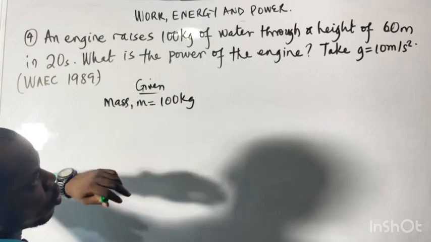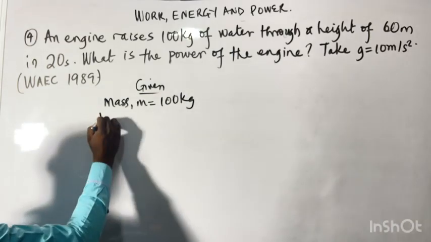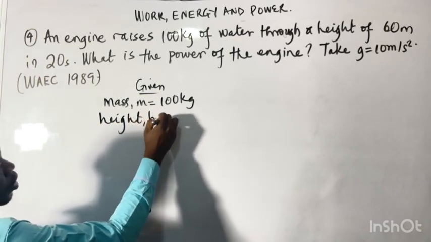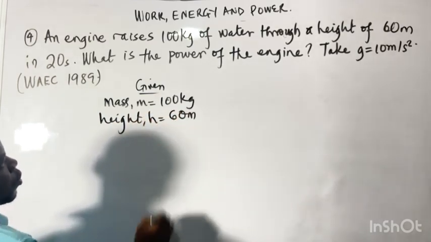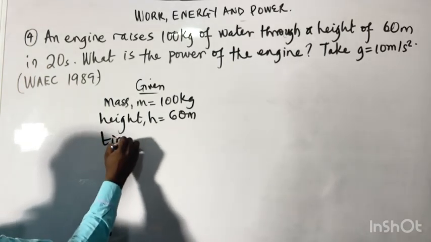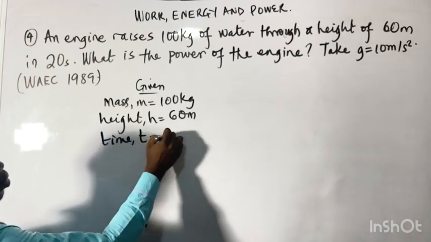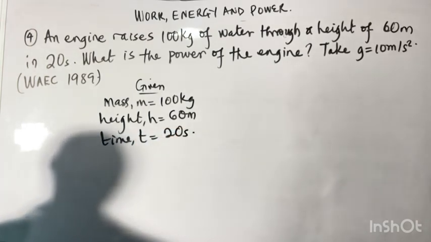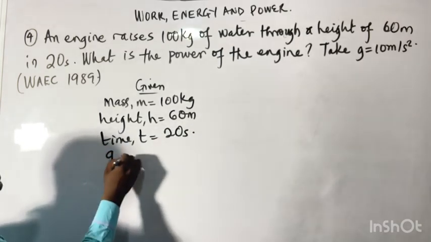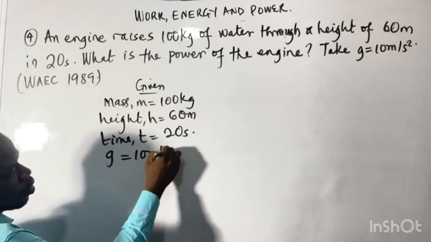We have the height, h is 60 meters, in 20 seconds, time t is equal to 20 seconds. And we are given g to be equal to 10 meters per second square.